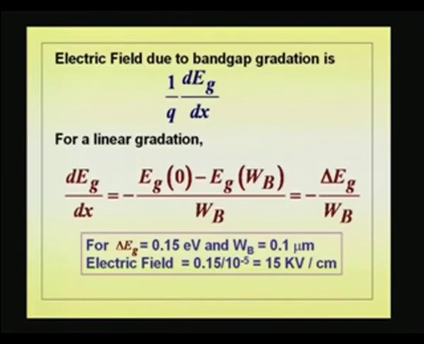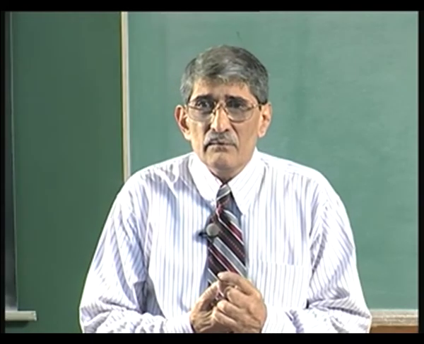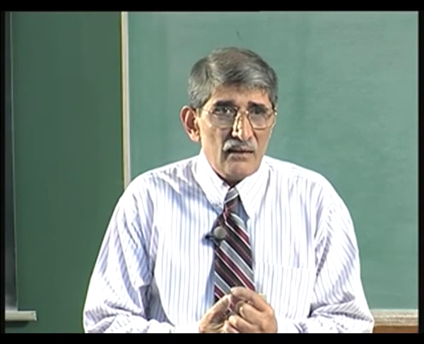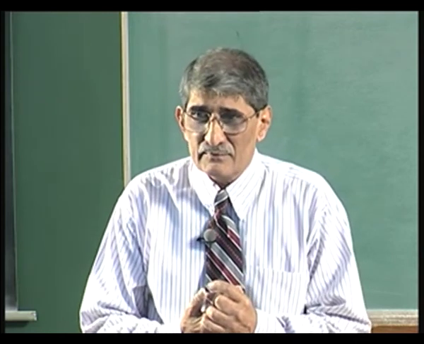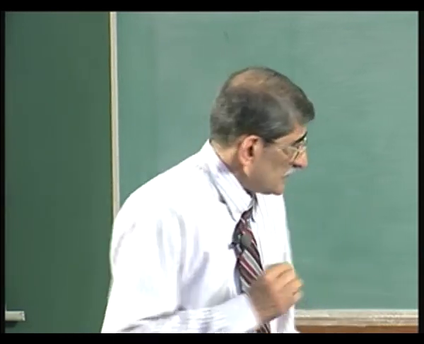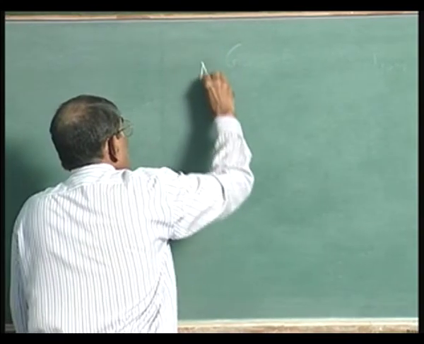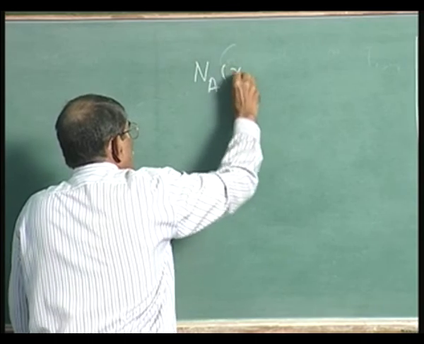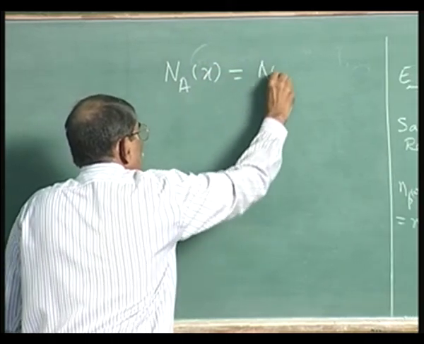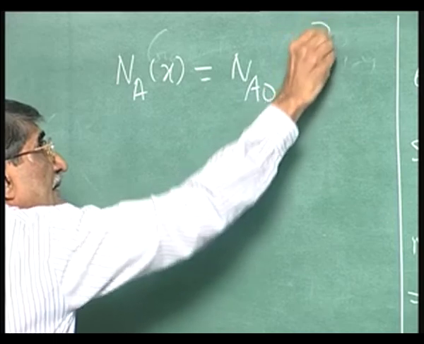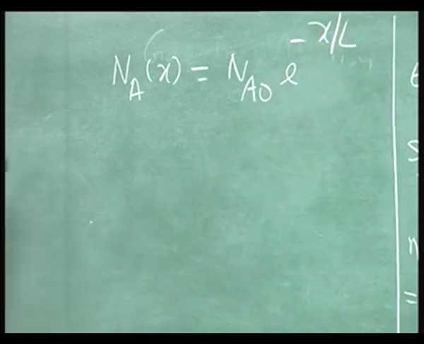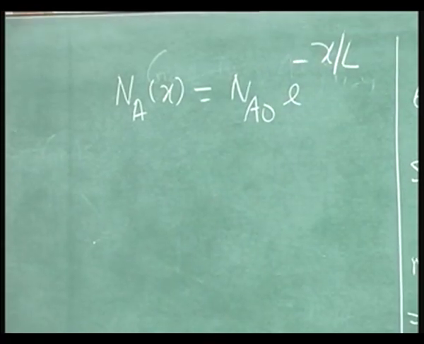Now, a couple of things I want to point out here. If you take the electric field in the case of doping gradation, what sort of electric field do you get? Okay. Just let me put that. If I take Na(x) equal to Na0 e to the power minus x by L. Okay.